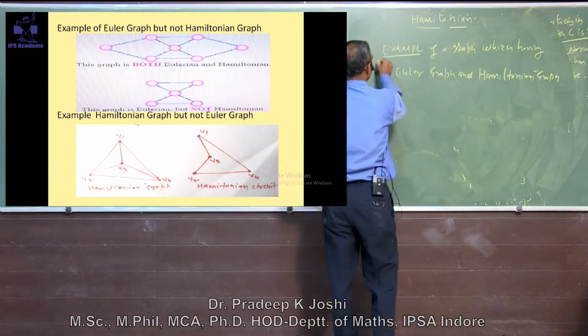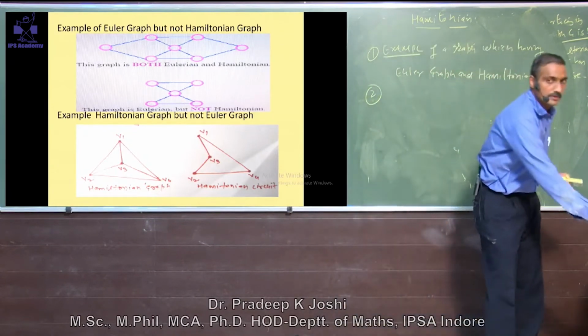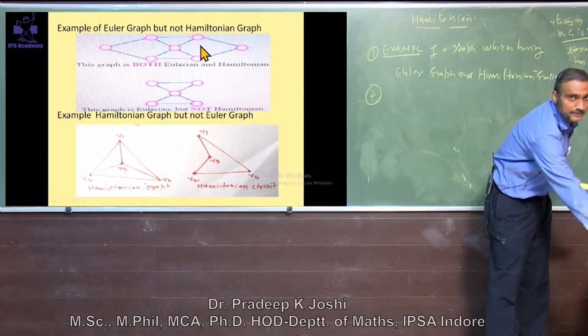Okay, so first you have to find the given example. This is the example, an Euler graph as well as a Hamiltonian graph here.